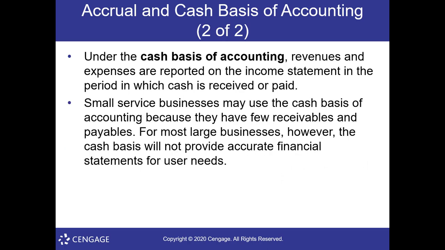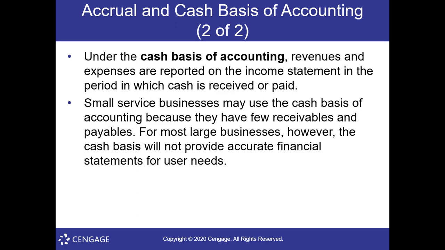Under the cash basis of accounting, it's just based upon cash in and out. So this is how your childhood lemonade stand would have worked. You've got a cigar box and people come by and buy a lemonade for a quarter and you put it in the box, and at the end of the day, if you have more than you started with, then you made money.